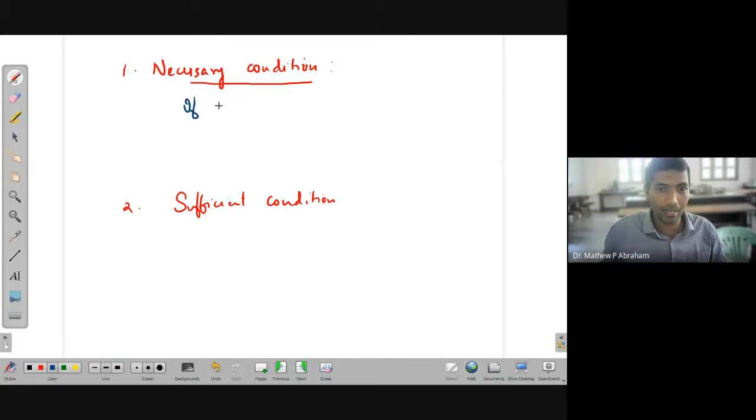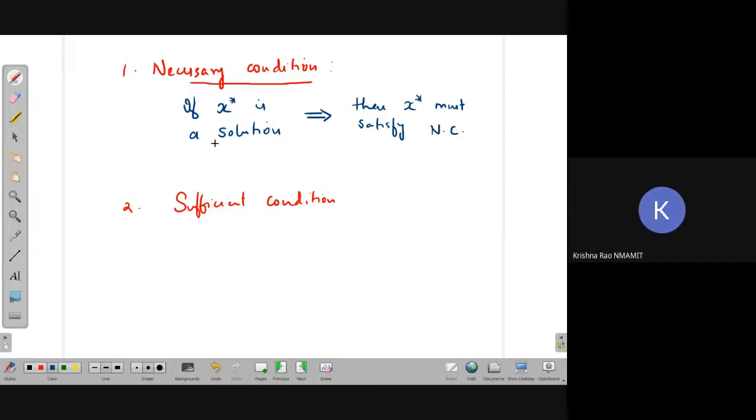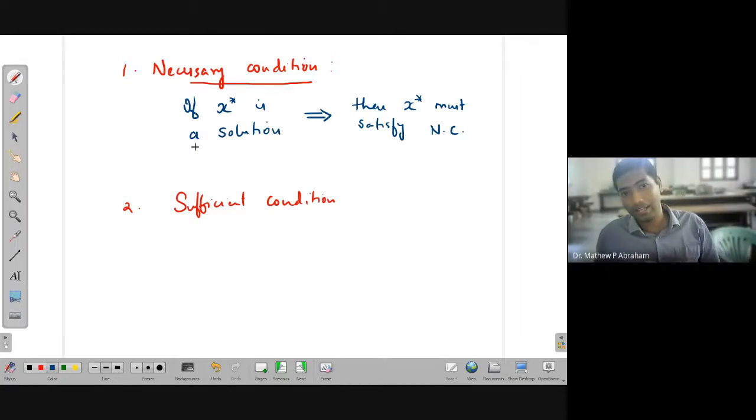If x star is an optimal solution to the problem, then this x star must satisfy the necessary condition. If x star does not satisfy the necessary condition, then that point is not a solution.